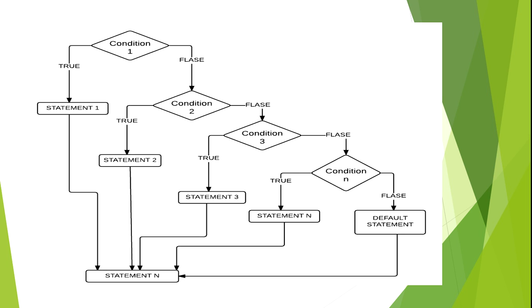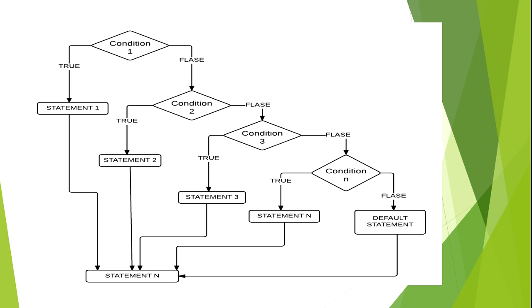Now here the last condition makes the difference between both statements. If it is an if else if statement, then if the condition is true, execute its statement, and if it's false, it doesn't have any default statement. So if all the conditions are false, there is nothing left to execute, so it just skips the nested if else statement.